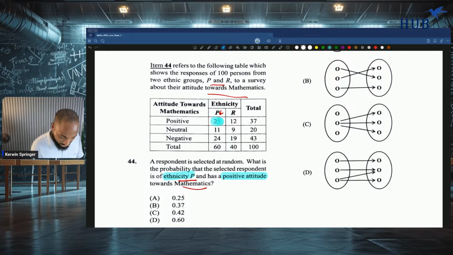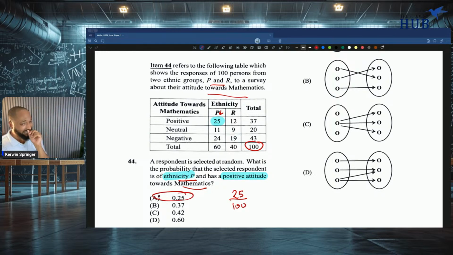So that's this right here. But the total in both out of everything is 100. So that's 25 out of 100, which is 0.25. Now, a slight change in the wording would mean something else.